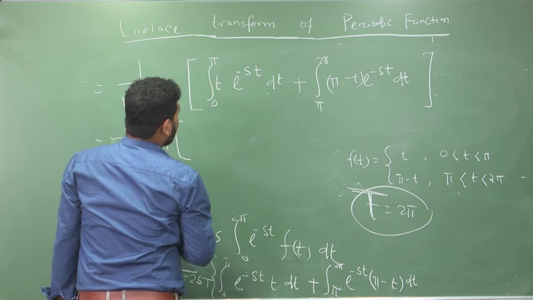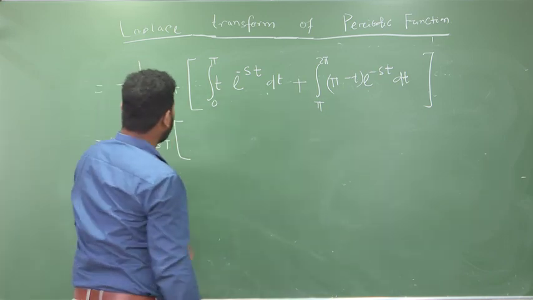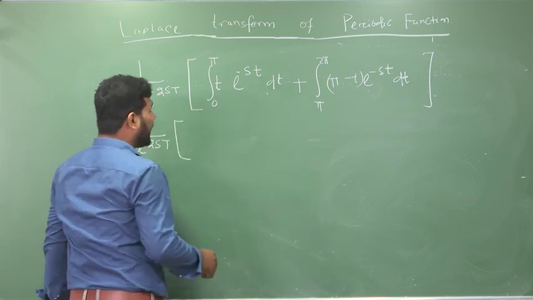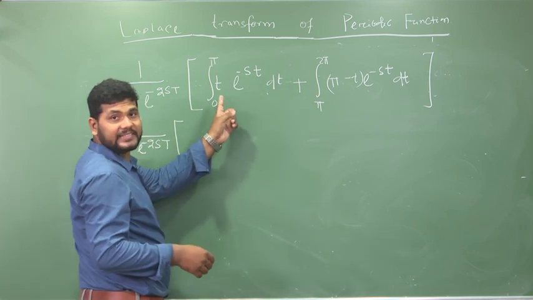For by parts, we will choose e power minus st as our second function and t as our first.